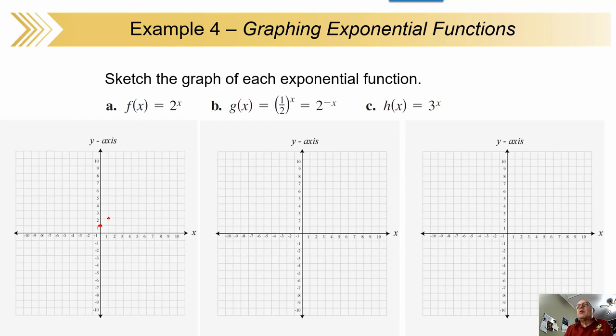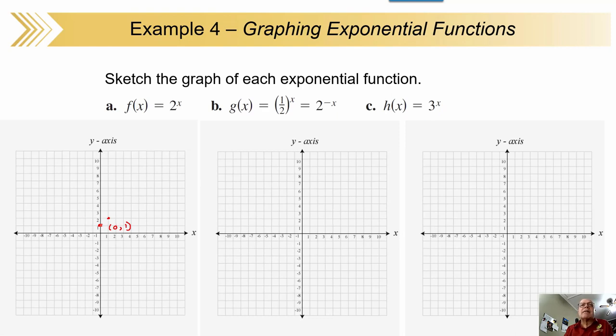Now, one of the things you'll get familiar with is, first of all, all of these have the point 0, 1. All of them, period. All the exponential functions in their basic form go through the point 0, 1. Even 3 to the x. The 3 doesn't change that. It still will go through 0, 1.